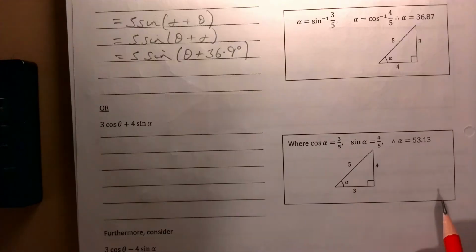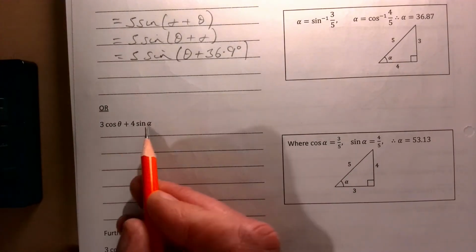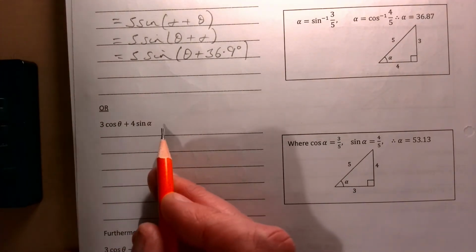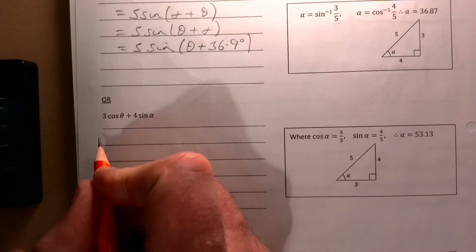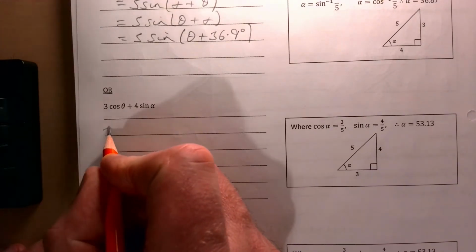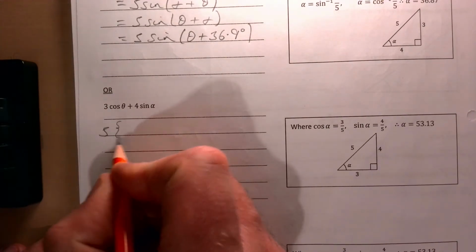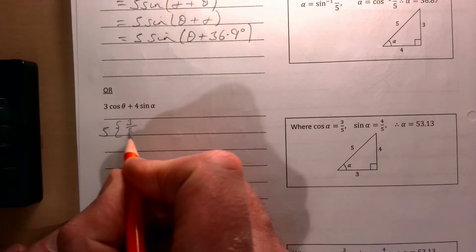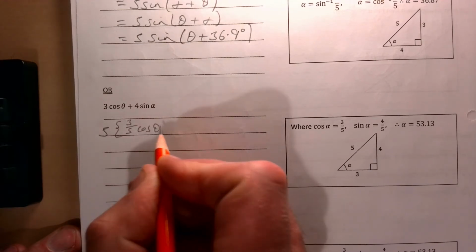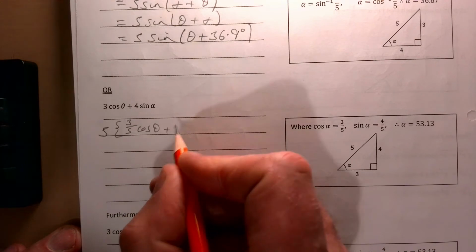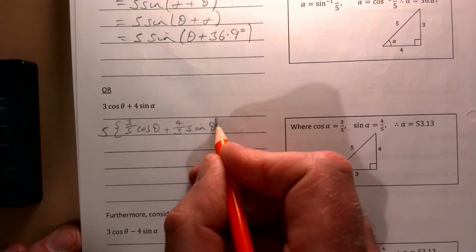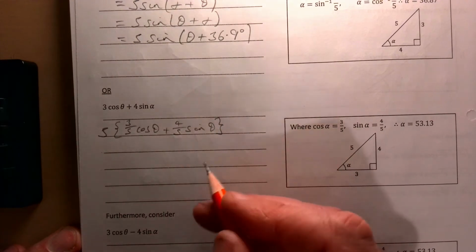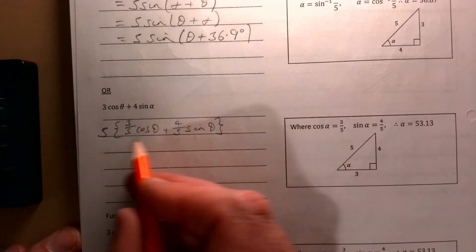Another way we could change the same thing, 3 cos theta plus 4 sine theta, is we could set it up as 5 lots of 3/5 cos theta plus 4/5 sine theta, and we could see that that is equivalent to the cos one.